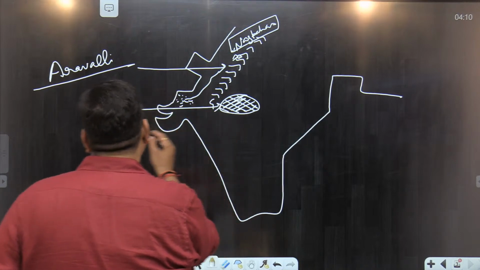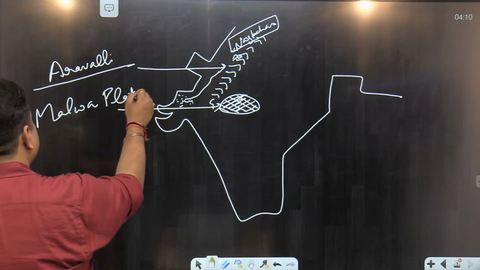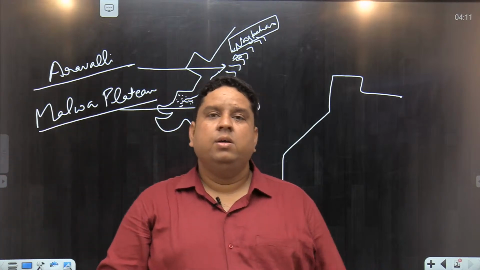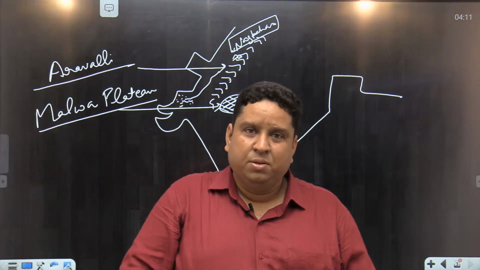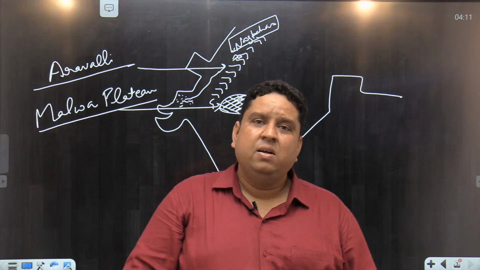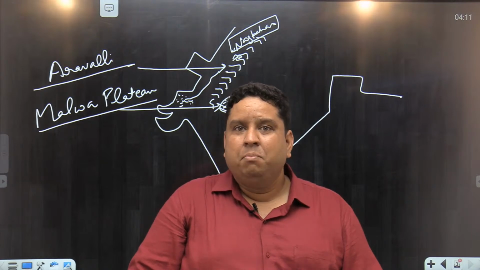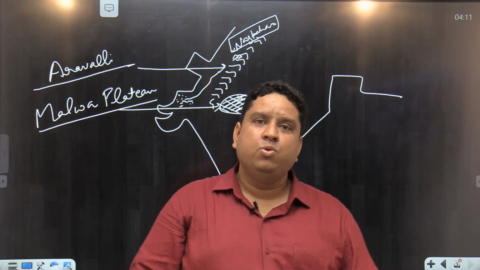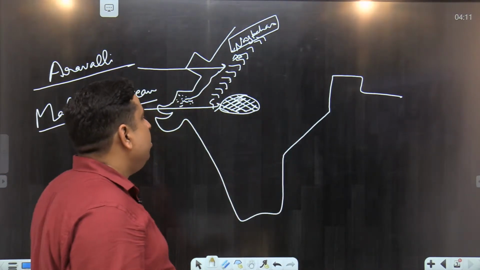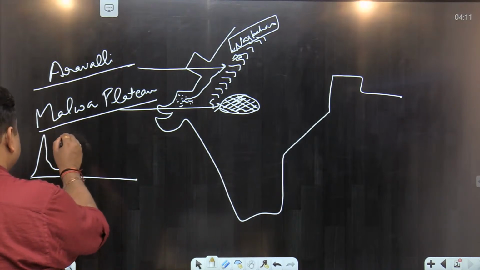The Malwa Plateau is mainly composed of sedimentary rocks, and this plateau has been highly eroded by the Chambal River, Banas River, and its tributaries. The Chambal River has highly eroded this plateau, and it has developed some features which are known as ravines.